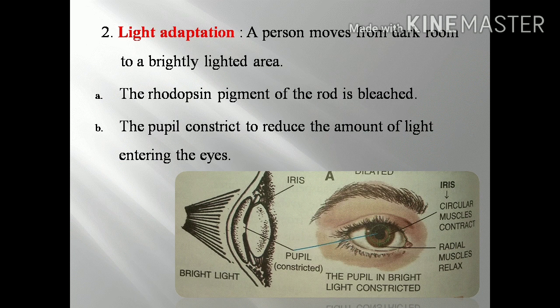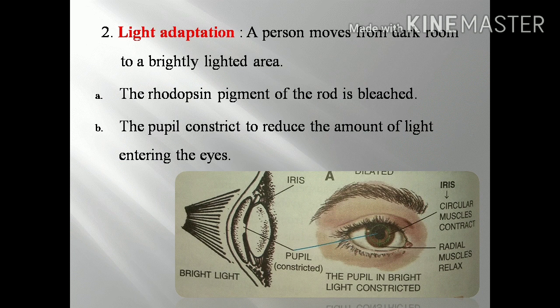The activation of iodopsin pigments requires time. When the activation of iodopsin pigment takes place, at the same time the rhodopsin pigments are bleached. So after the iodopsin pigment is regenerated properly, we can see the objects.